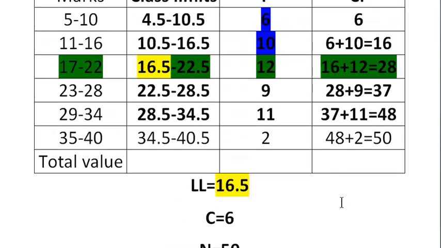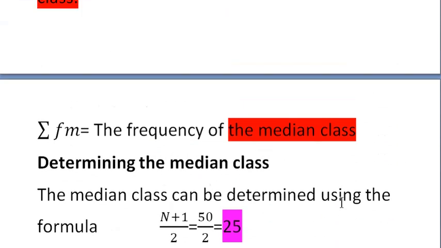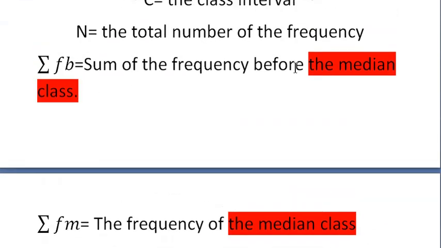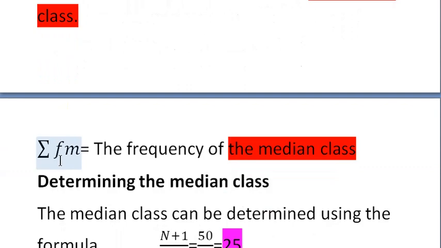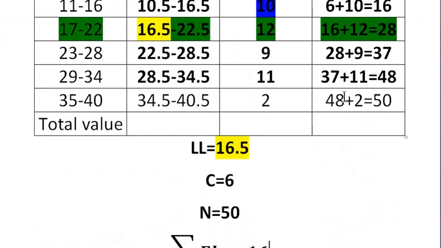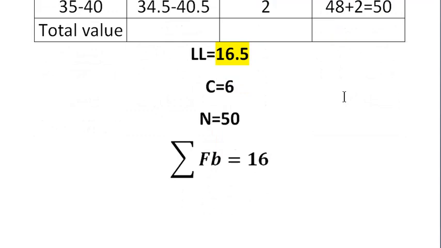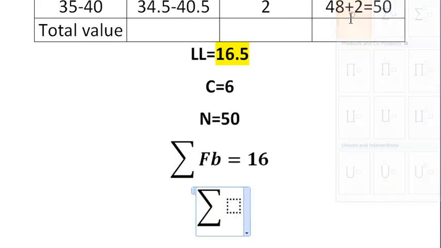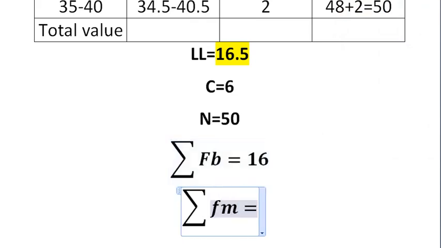Okay. Then what's the next one? We have gotten the sum of the frequency before the median class. Then sigma fm, which is the frequency of the median class.